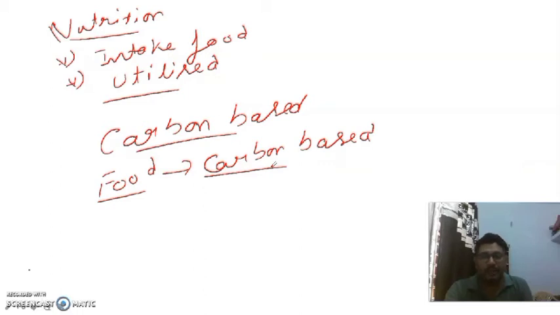For that reason, most organisms are carbon based. Now we have this carbon food to get energy, right? Depending on the complexity of these food resources, organisms use different kinds of nutritional processes.